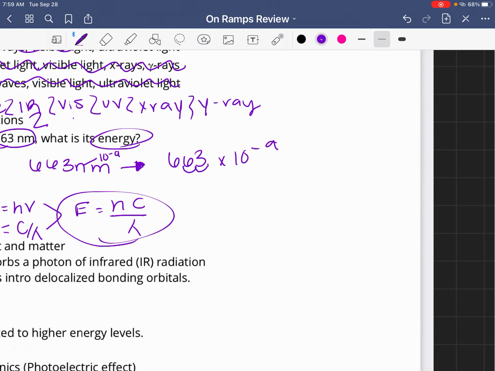So we're going to move it over twice. When we move it over to the left, that means we're going to add to our exponent. So negative 9 plus the amount of times we moved it over, which is 2, which will give us a negative 7. Now we're going to multiply it by Planck's constant.